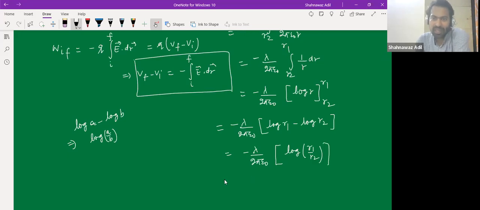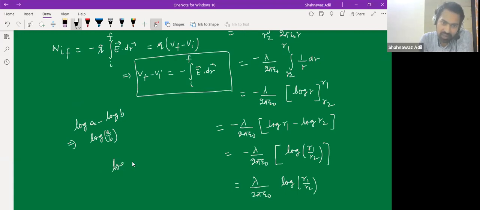Clear? Now, if I take this minus sign inside the log, what would that be? Let me ask this question. If I have log x to the power 5, what is this value? What do we do with this 5?